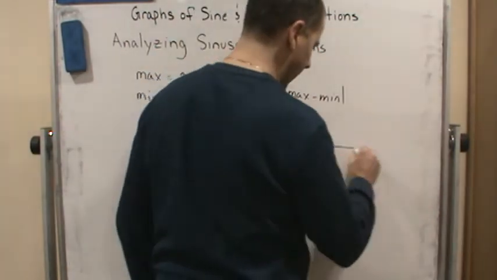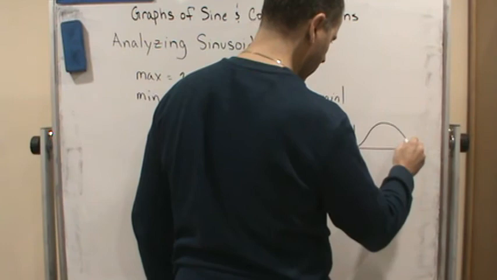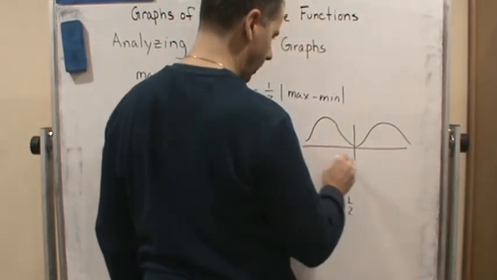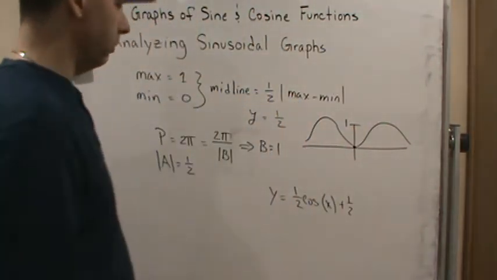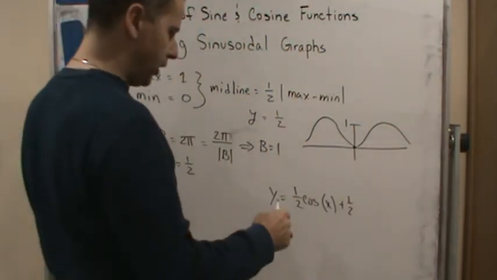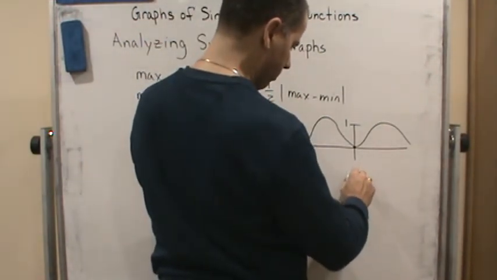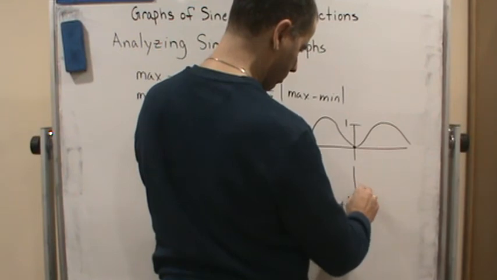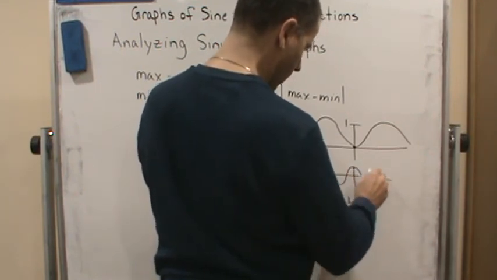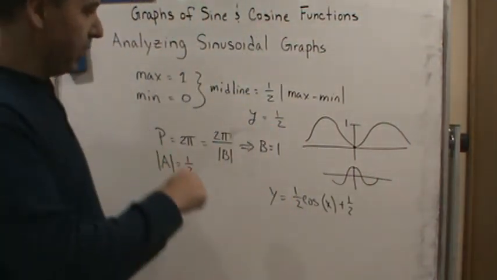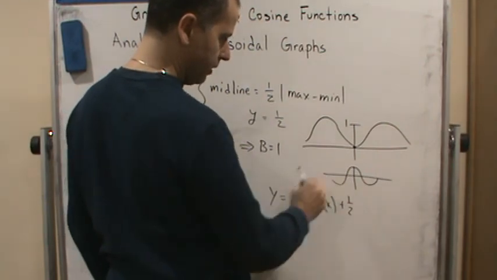Now, the last thing is this. If you look at the graph, it's doing this, right? From 0 to 1. Well, a cosine curve does this. So it seems like this has been inverted, right? It's flipped.